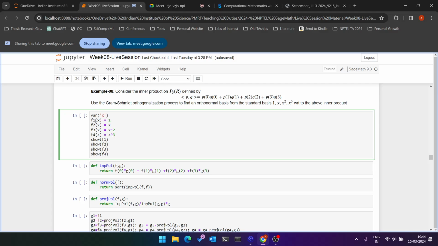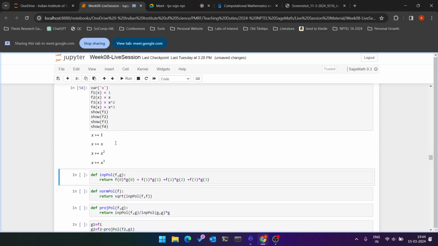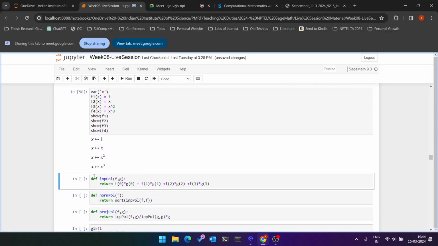So f1 to f4 together become my standard basis. If I print them, the output looks alright. Next, we define the inner product between polynomials f and g using the above definition, which is basically f of 0 into g of 0 plus f of 1 into g of 1 plus f of 2 into g of 2 and f of 3 into g of 3.